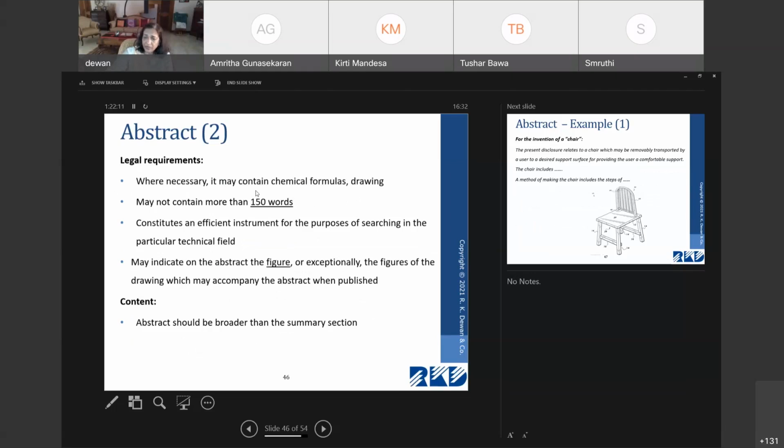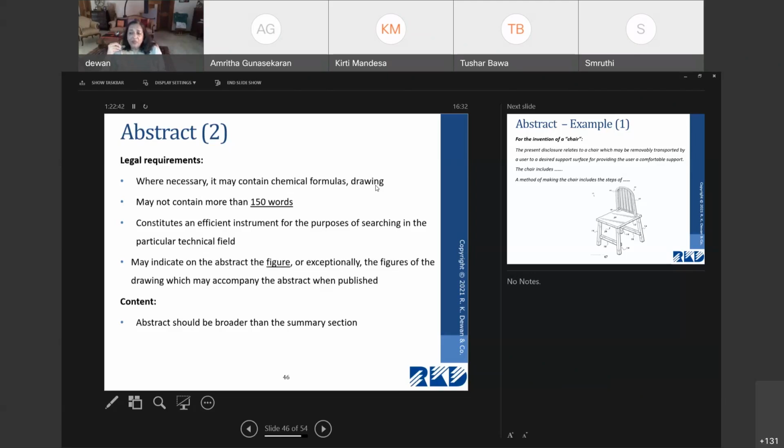Then, if there is a drawing, you need to identify which drawing you want published with the abstract, because when a patent application is published in the Indian Patent Office Journal, they would publish the abstract. Of course, there will be bibliographic details, but with that they are going to publish a drawing.